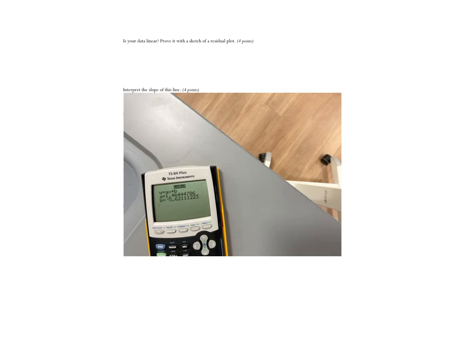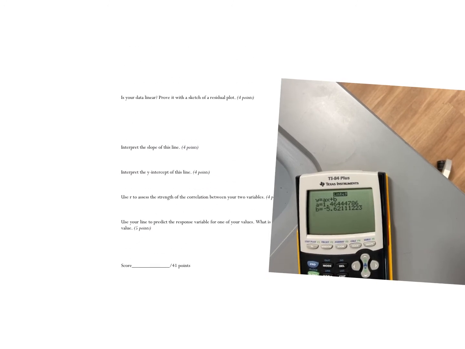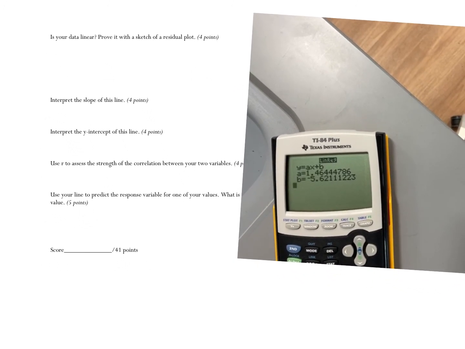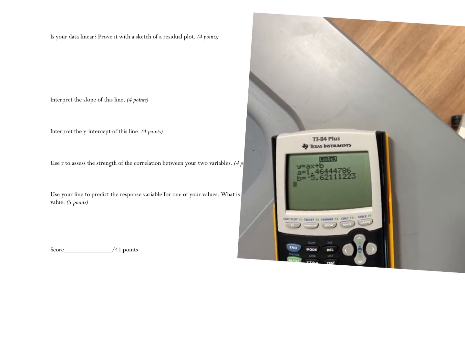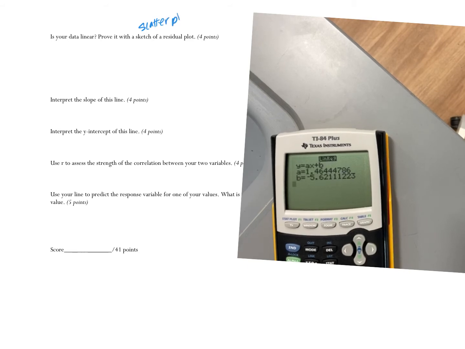Yes, the residual. Okay. So, to make the residual plot, what do we need to do? We're going to look at the scatter plot in our calculator. But when we do that scatter plot, what should we make that y list? We're going to do a scatter plot.